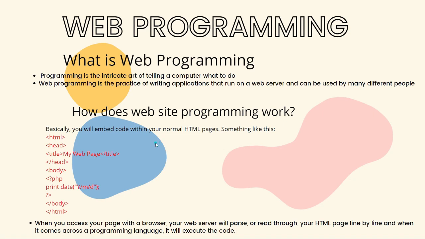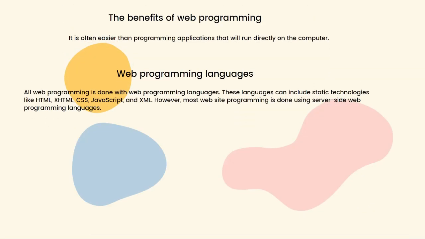And then when you access your page with a browser, your web server will read through your HTML page line by line, and when it comes across a programming language, it will execute the code. Okay. The benefit of web programming is that it is easier than programming an application that we run directly on the computer, and it allows you to make or edit anything dynamic on your website.